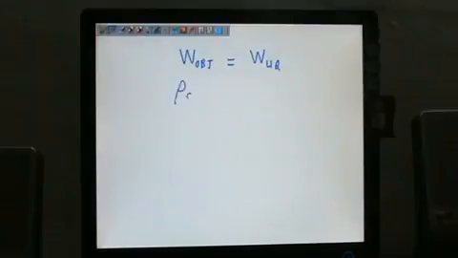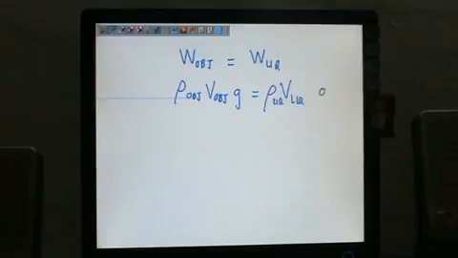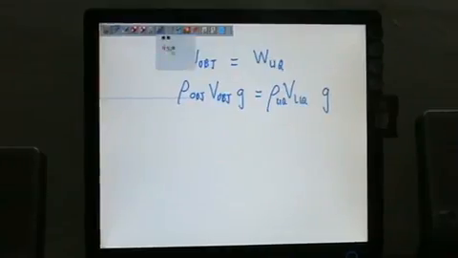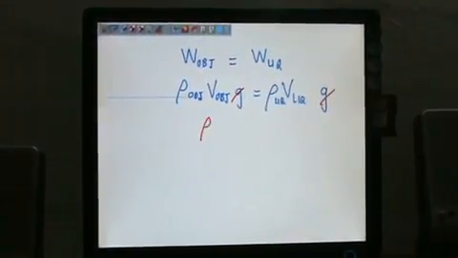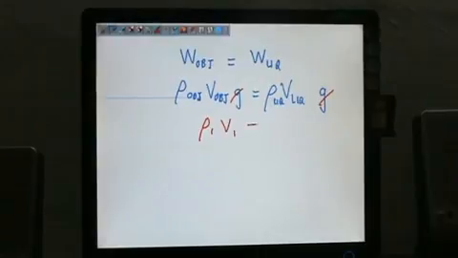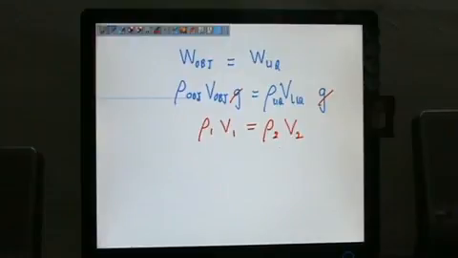So you have rho object, V object, g, and then you have rho liquid, V liquid, and g. You could actually cancel the g quite easily, and you have, I'll just write, rho 1 V1 equals rho 2 V2. We will find some example calculations later using rho 1 V1 equals rho 2 V2.